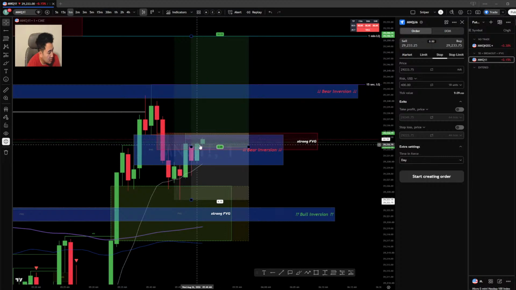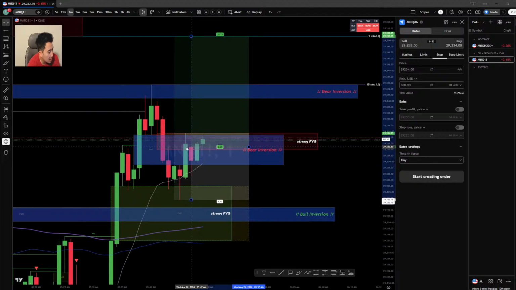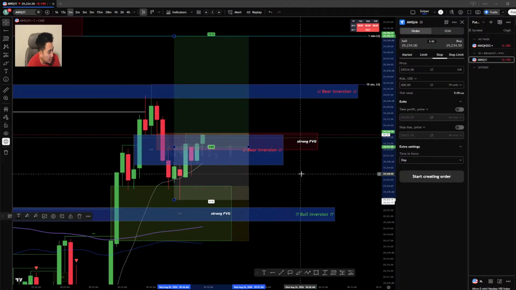If it starts closing above it and then pulls back, then I'll look to get in right where initially you're supposed to get in, right here.